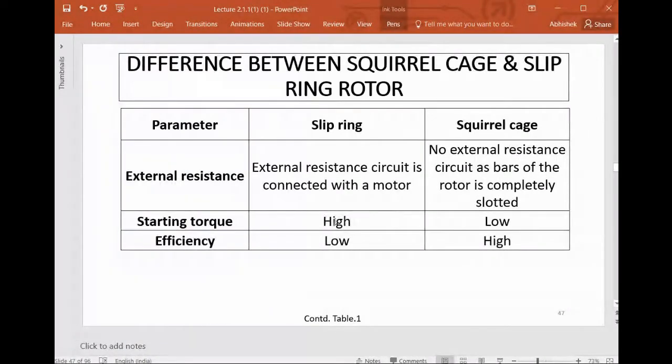The starting torque of this slip ring is very high, whereas in squirrel cage it is low. Why is it low? Because external resistances are not present in this type of motor. And the efficiency of this slip ring is low, whereas this squirrel cage is high.